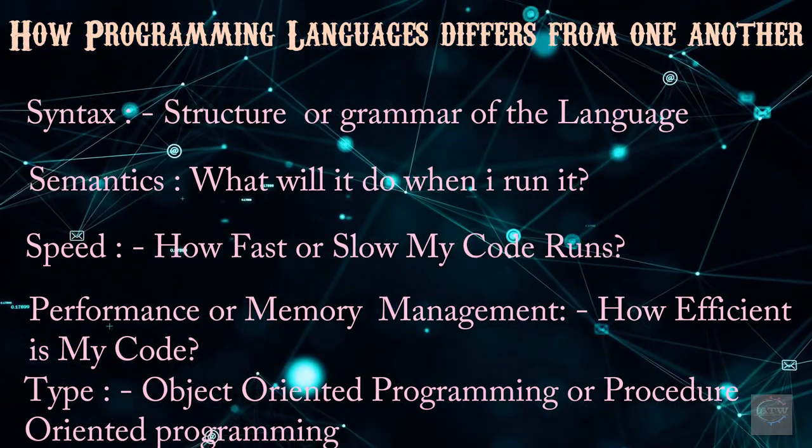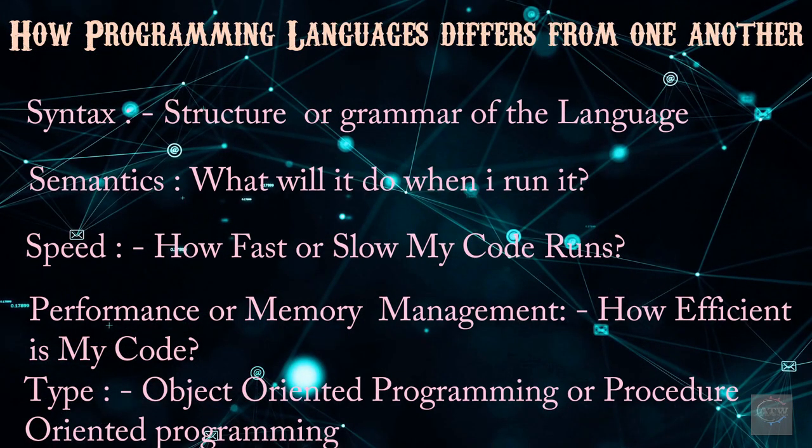So what will happen when I run the code and how the programming language achieves my business logic, that is semantics. And the third one is speed: how fast or slow my code runs. And the fourth one is performance or memory management: how efficient is my code, and how much load it takes on my CPU or GPU.